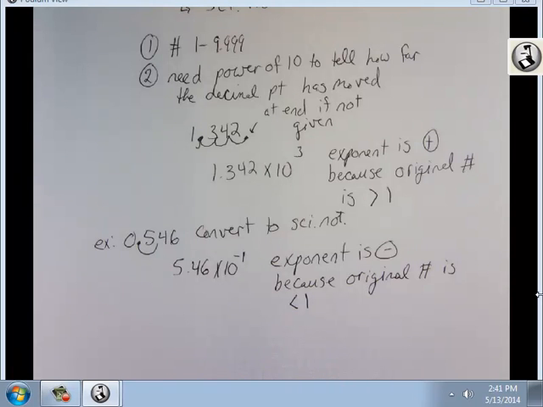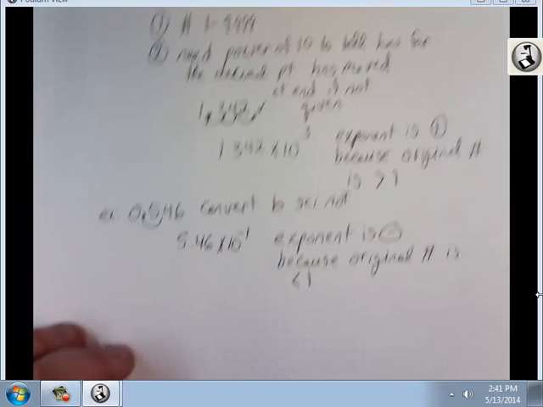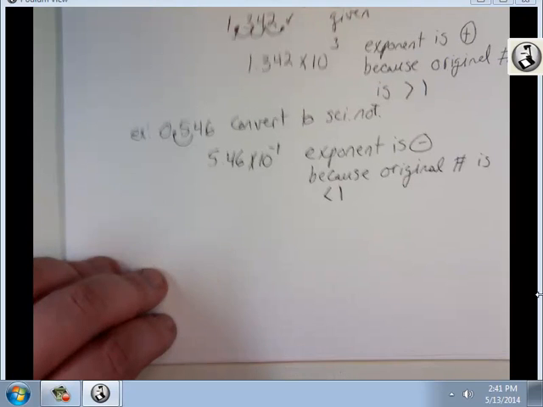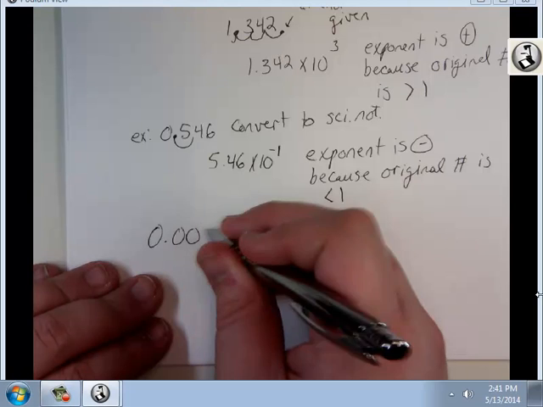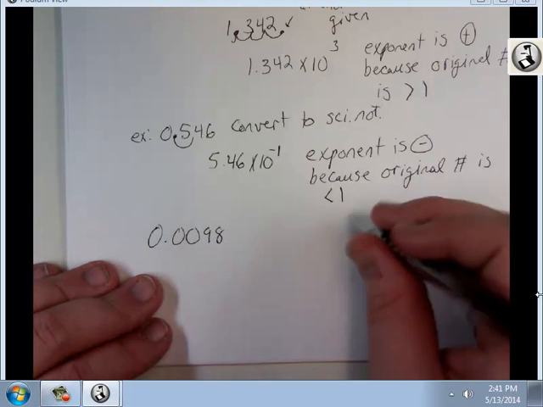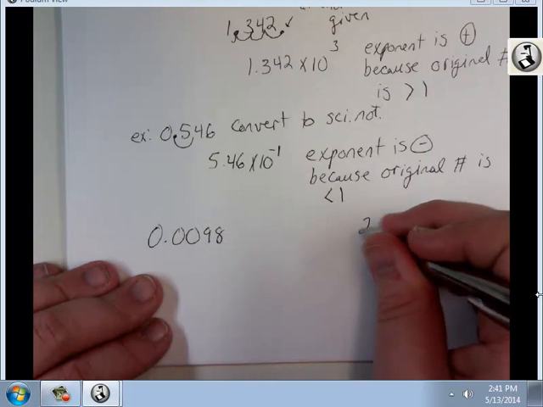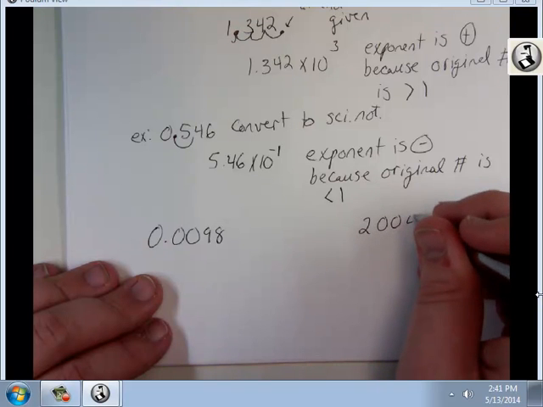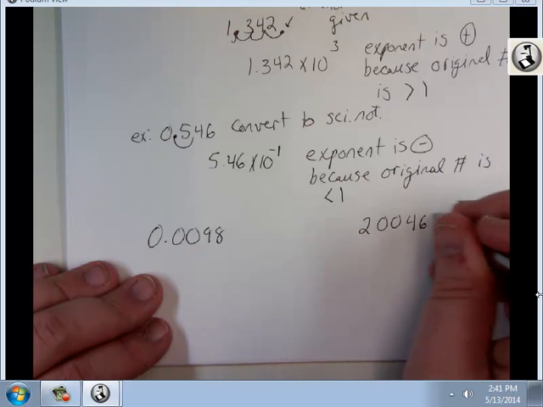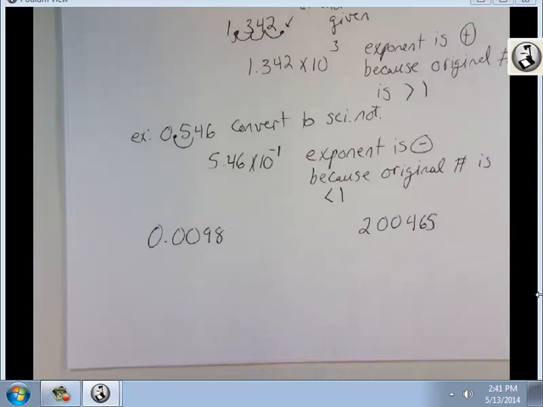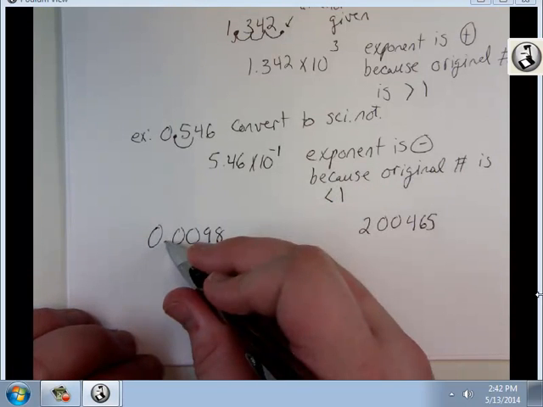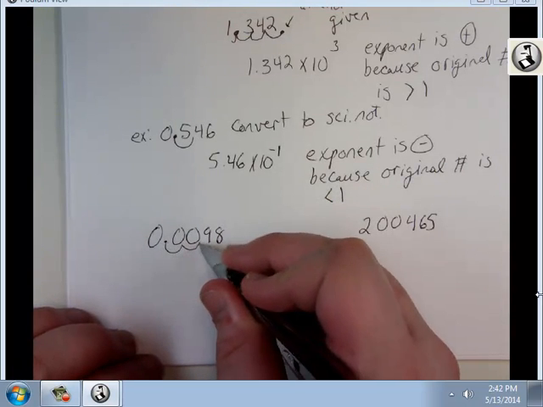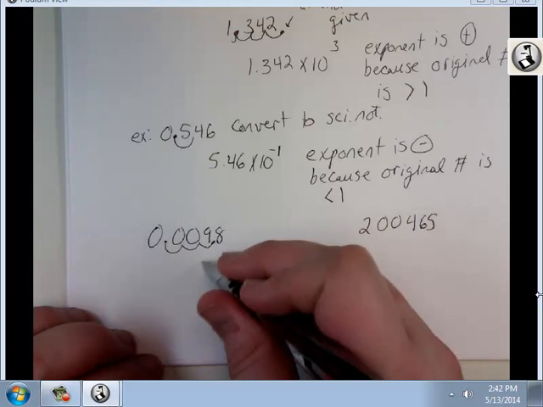Let's do another couple examples of these to make sure that everyone's got it. 0.0098 and 200,465. Well, for this one, I'm going to move 1, 2, 3 times, and I get 9.8 times 10.